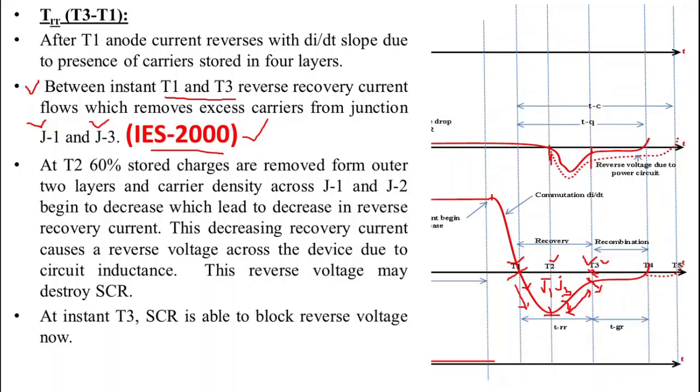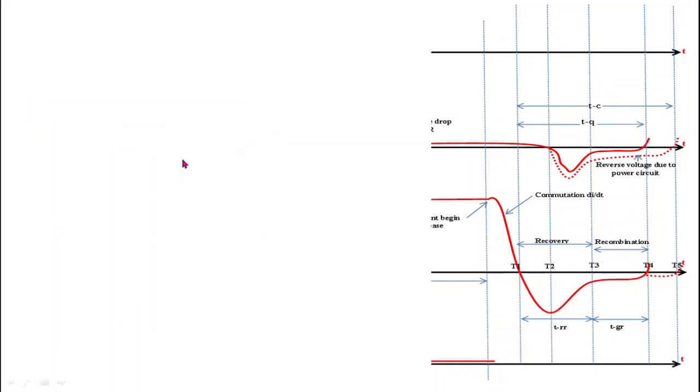After that SCR is able to block the reverse voltage. Here there is a question that has been asked in ES 2000. It was on the concept that between instants T1 and T3, reverse recovery current flows, which removes the excess carriers from junctions J1 and J3. So this is important.